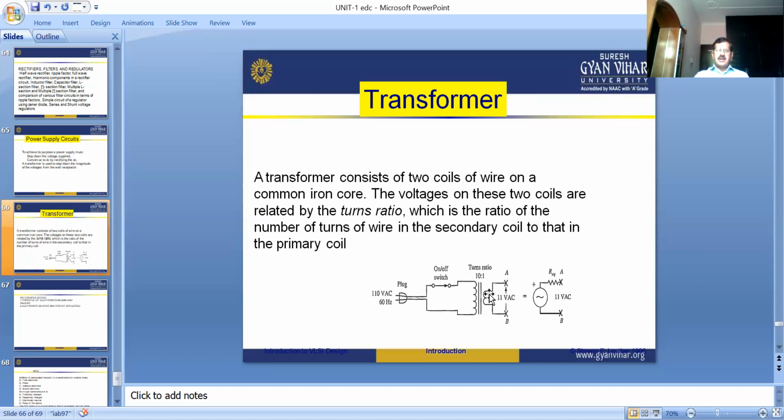So there are two windings, the primary coil winding and the secondary coil winding, and the number of turns is specified for a specified transformer.